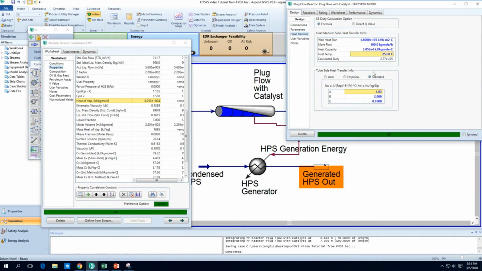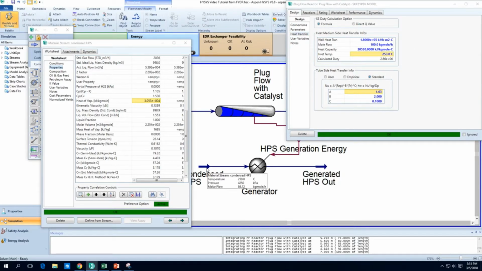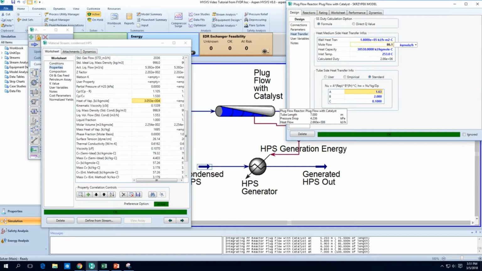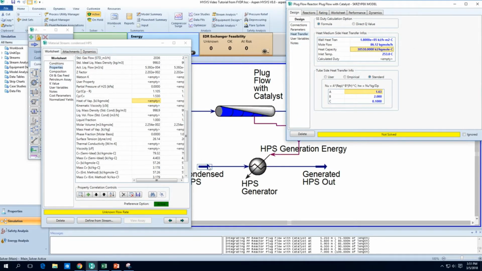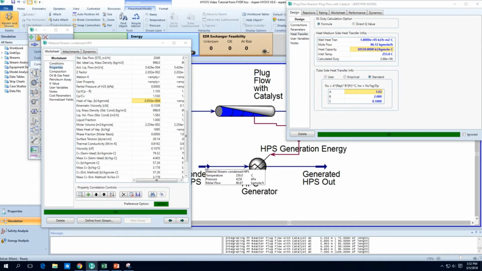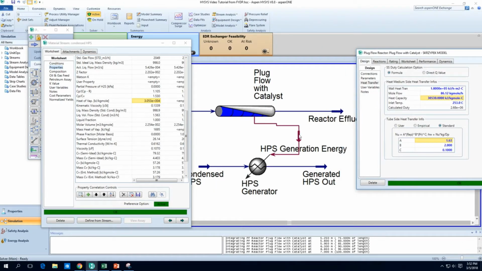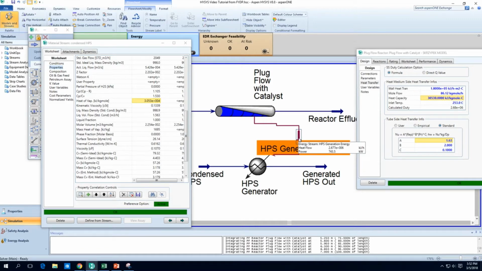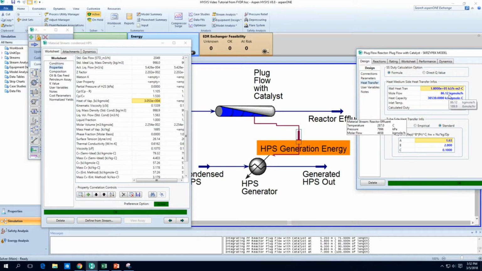In fact, you can make it slightly larger. And the molar flow, I'm going to liken it to this molar flow here, which is 86.12, and I want to see whether it kind of matches. So yeah, we have 743 kilowatts out, and that's basically it for the heat medium side transfer.